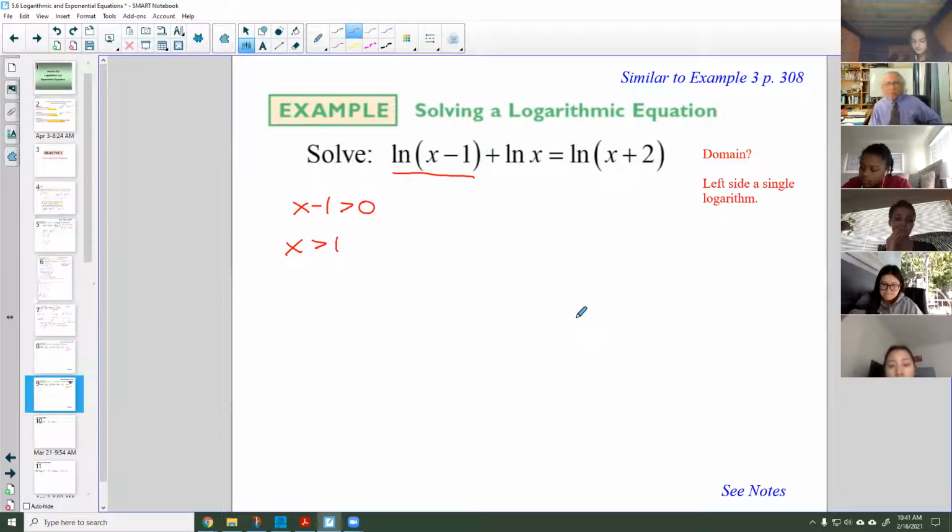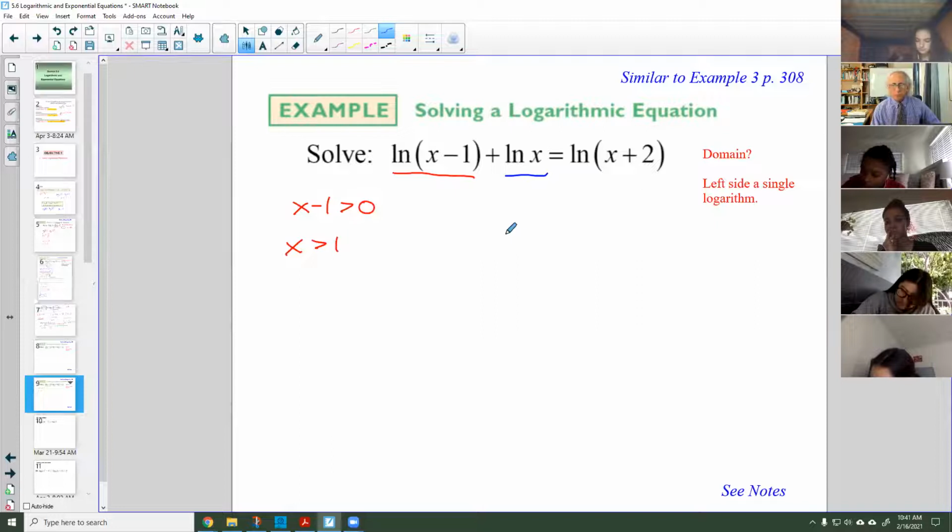Okay, Isabella A. What's going to be the domain of this logarithm right here? You there, Isabella? Okay, it's all right.